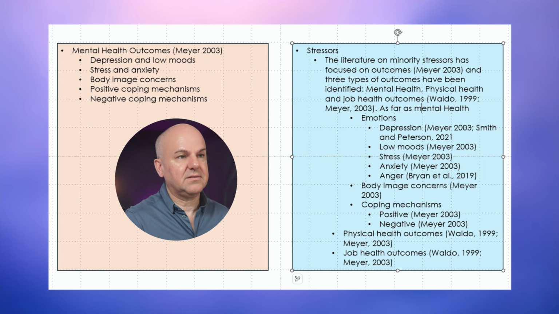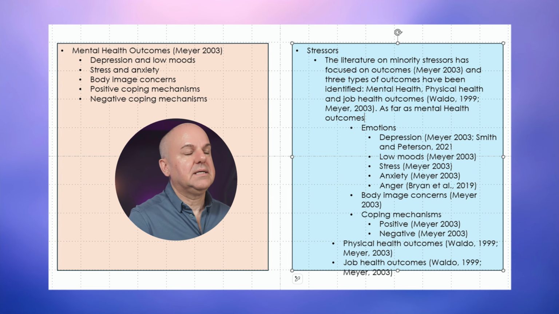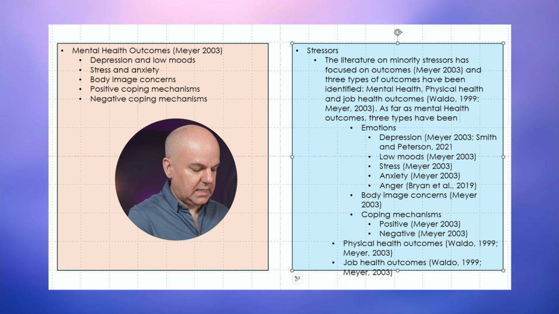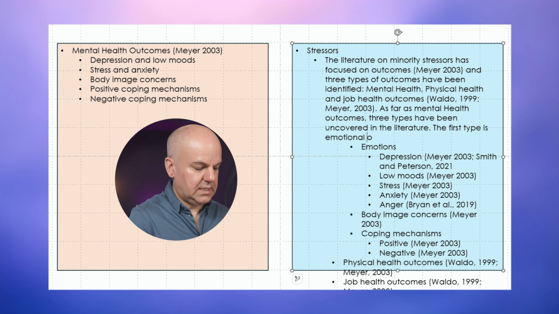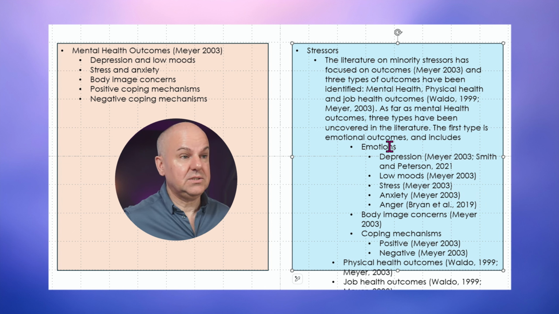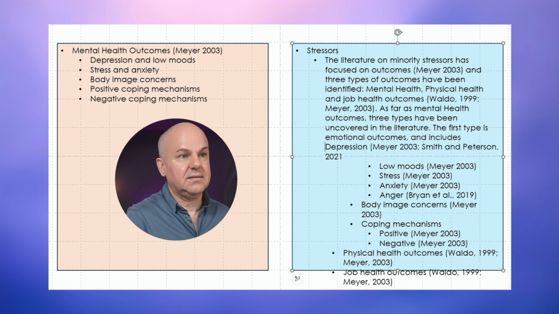As far as mental health outcomes, 3 types have been uncovered in the literature. The first type is emotional outcomes and includes, and now I literally don't need to do much other than bring the information that is already in our structure.